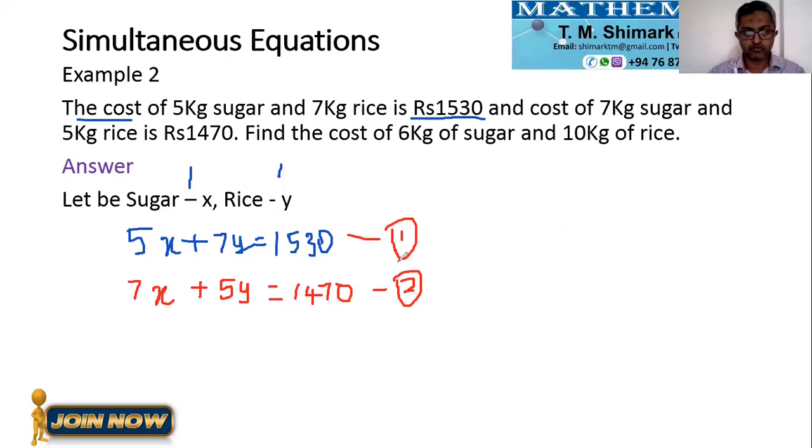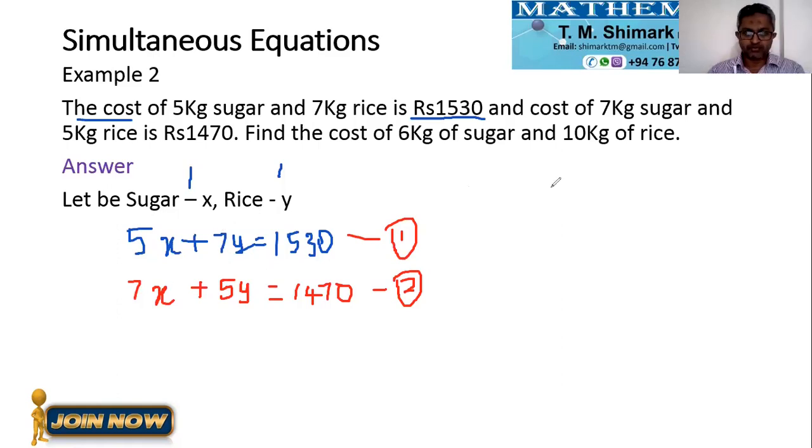Now we can do two things. One is to eliminate x or y, and the second way is substitution, that means you take x or y from one equation and put it in the other. So what's the easiest way we can do here?